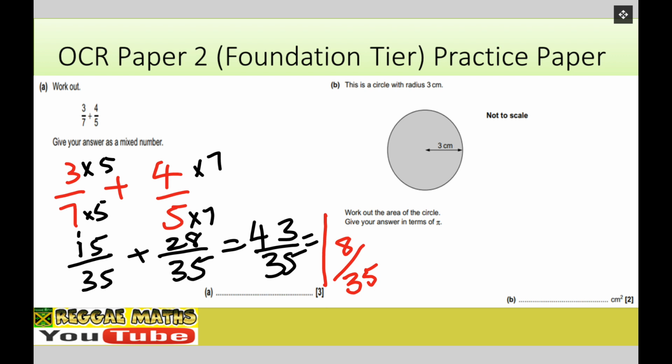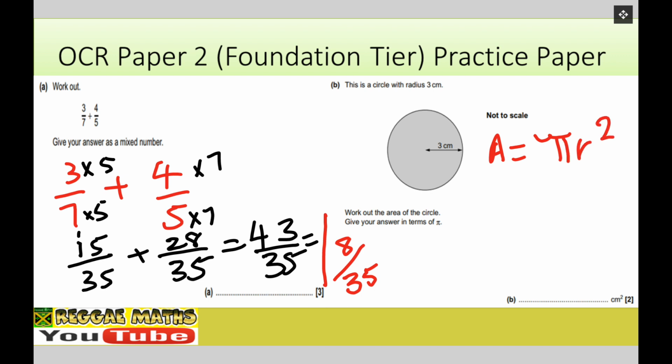Okay. B says this is a circle with the radius 3. Work out the area of the circle and leave your answer in terms of pi. So the area is equal to pi r squared.